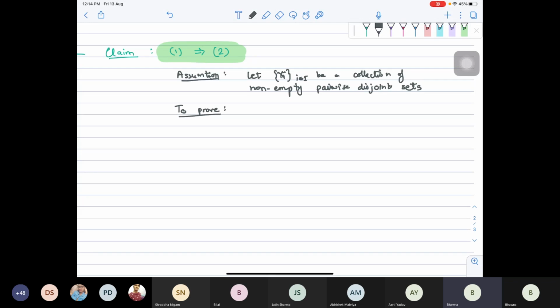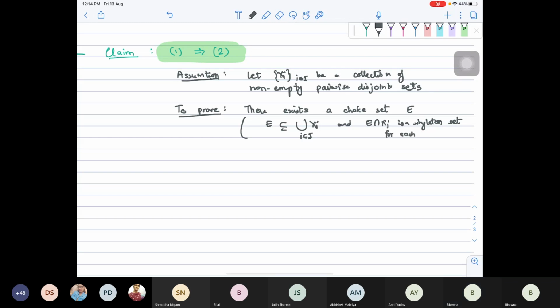I want to prove that there exists a choice set E. That means E is contained in the union of Xi and E intersection Xi is a singleton set for each i, right?